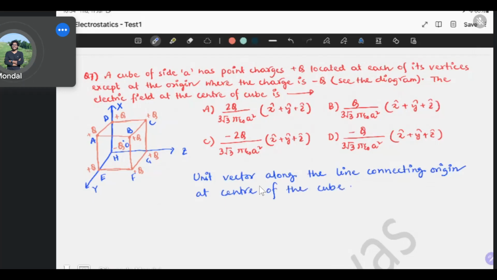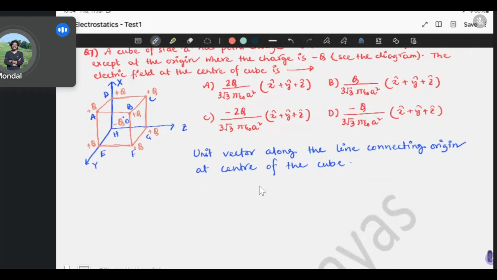Okay, so what will the center of the cube be? Let's call that point P, so the vector is OP. What is the OP vector?